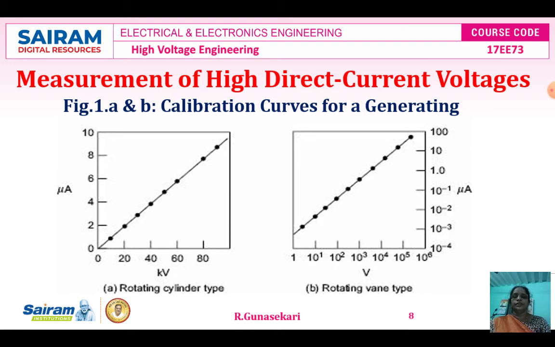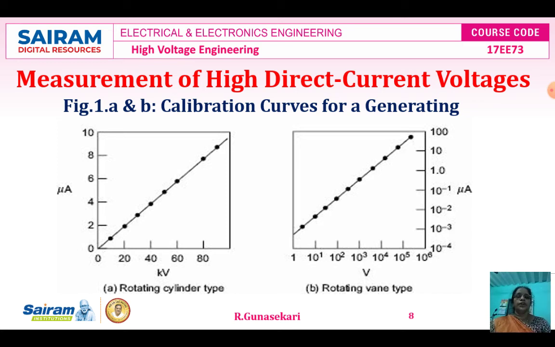The x-axis is kilovolt, the y-axis is microampere. For these two values, we draw the curve. The curve passes through the origin, and the shape of the curve is linear. That means as the voltage increases, the current also increases.